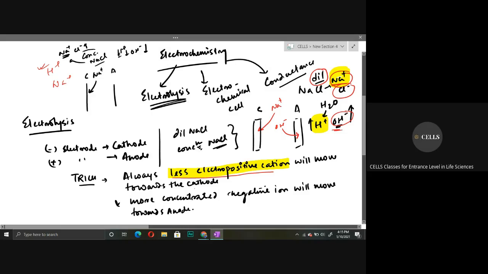But as it is a concentrated NaCl solution, the OH minus level is very low. With respect to that, the Cl minus level is more concentrated than the OH minus. So the Cl minus will go to the anode. As the cathode is negative, cations will come to the cathode. As the anode is positive, anions will be attracted towards the anode.